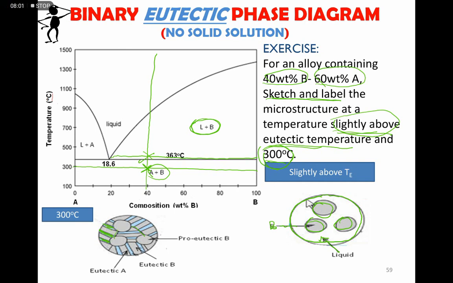Draw a lamella first, and you have the grain boundary. The lamella is eutectic A. Here is eutectic B. And this microstructure is pro-eutectic B. Why pro-eutectic B? Because this is your hypereutectic alloy, so you get the pro-eutectic B.